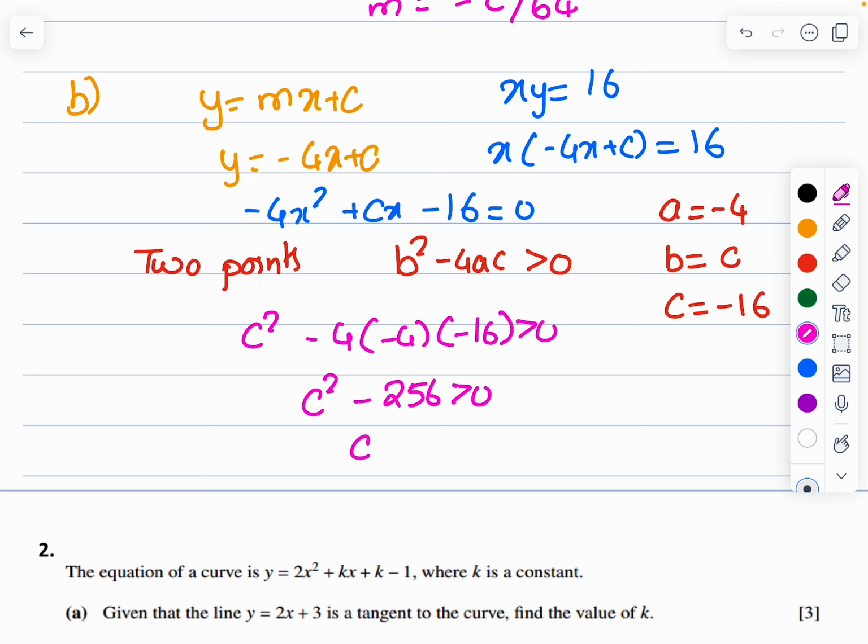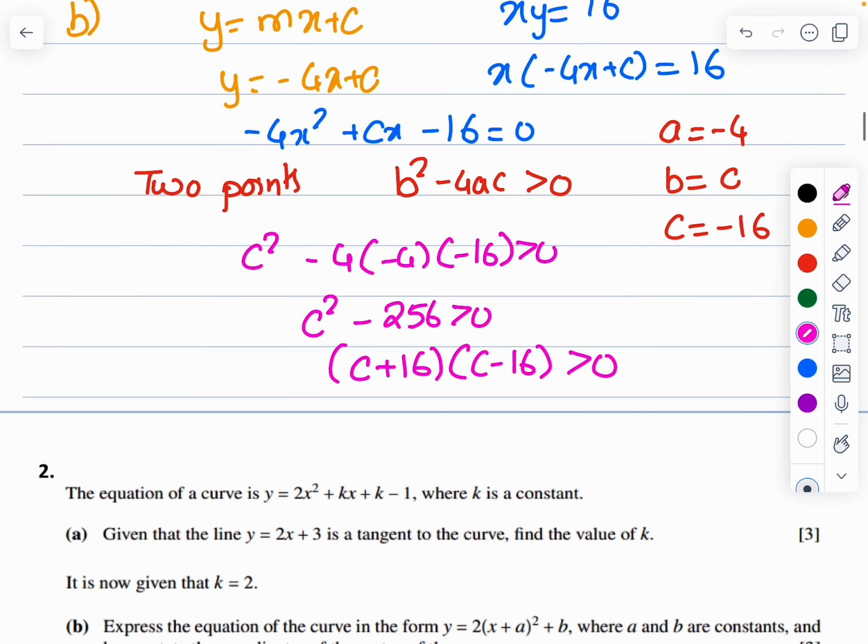This is (c + 16)(c - 16) > 0. Whenever it is greater than 0, it is greater than the greater root and lesser than the lesser root. So we have two roots over here, 16 and -16. So c is greater than 16 or less than -16. That's going to be the answer.